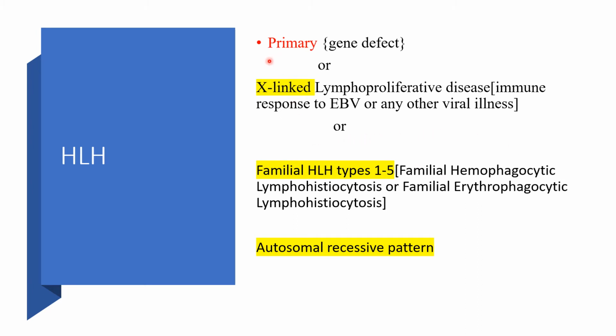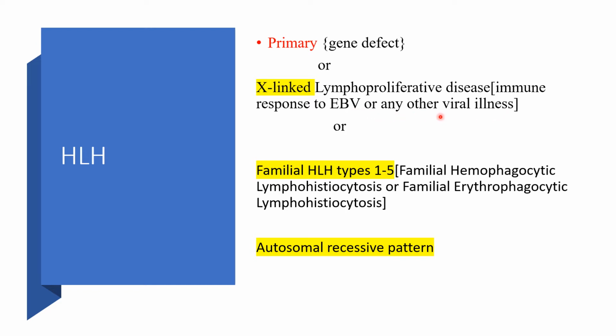Now, the causation. It might be primary, meaning it is hereditary or inherited. In that case, we'll be dealing with genetic issues, gene defect. It might be X-linked lymphoproliferative disease. Here, there will be immune response to Epstein-Barr virus or any other viral illness.